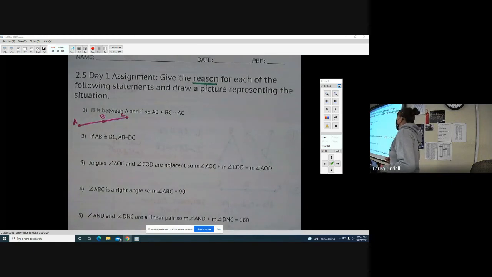So AB plus BC equals AC. Which of our postulates or definitions does that look like? Look on your list of definitions and postulates, and then tell someone near you what you would pick.